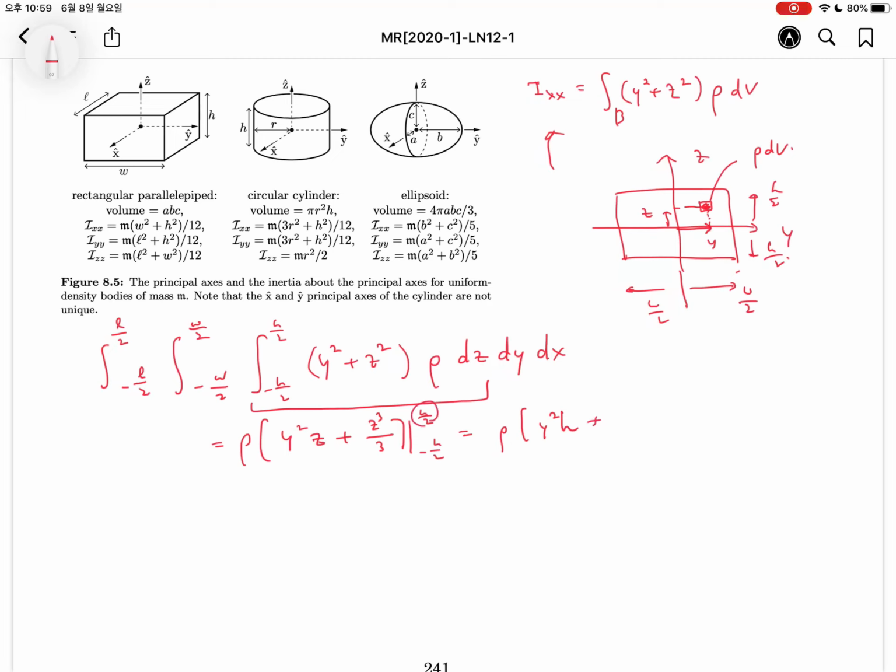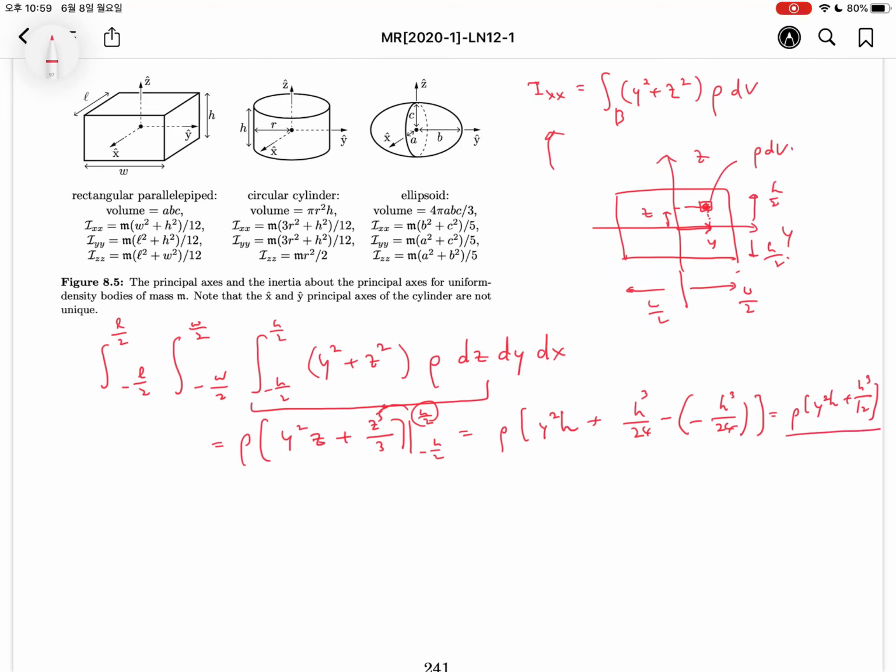And this will be applied to here, h cube over 24. Is it right? That's right. And then minus minus h cube over 24. So it can be written as rho, h y square, plus h cube over 12. The first integral provides this equation.